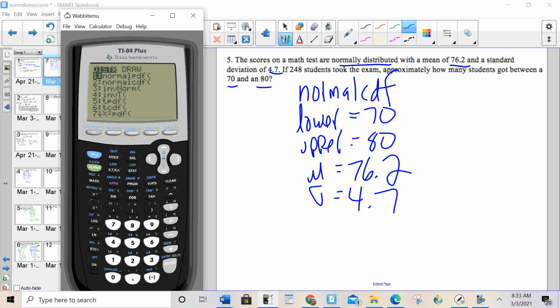Second distribution, normal CDF: 70, 80, 76.2, 4.7. I get 0.697.